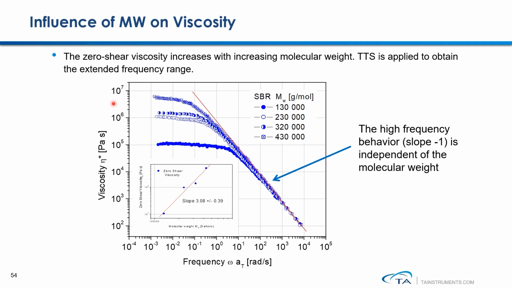Here is example data showing four different SPR polymers and their frequency sweep results. After the test is finished, you can plot the sample's complex viscosity as a function of frequency. From these results, you can see that polymers with higher molecular weight show higher zero shear viscosity. The relationship between zero shear viscosity and molecular weight almost follows a linear relationship in log-log scale.